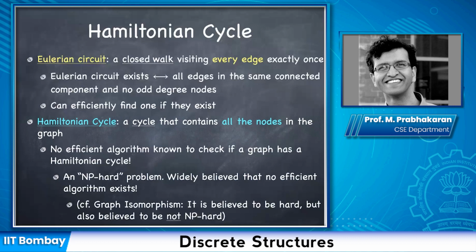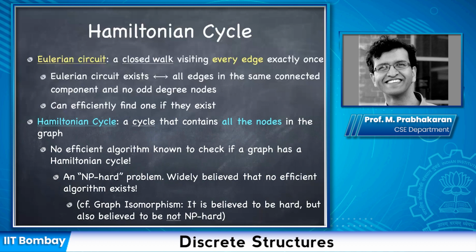So Eulerian circuit is something which is easy. Hamiltonian cycle might sound a lot similar, but it's very hard. And then there are also problems like graph isomorphism, which I mentioned as a problem which is believed to be hard, but it doesn't have the same kind of structure or richness to it that, at least so far, we don't know if it's an NP-hard problem. It's believed not to be an NP-hard problem.